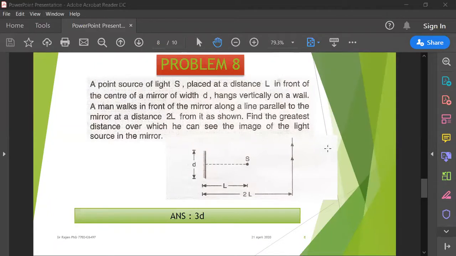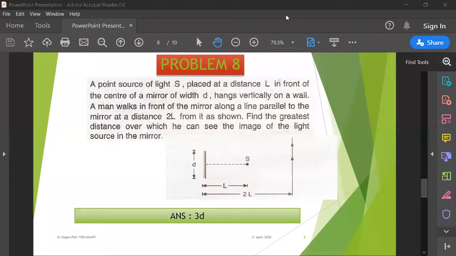Just wait, the diagram I'm now drawing. Plane mirror, width small d. Here, the source is there at a distance capital L. Here one wall is there at a distance 2L.